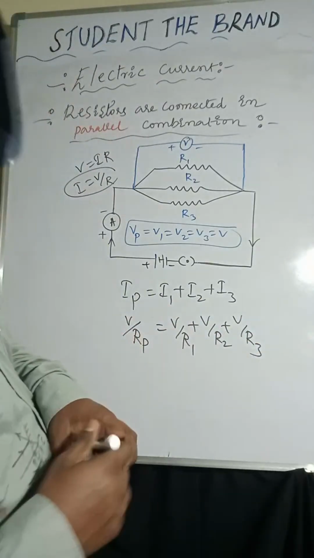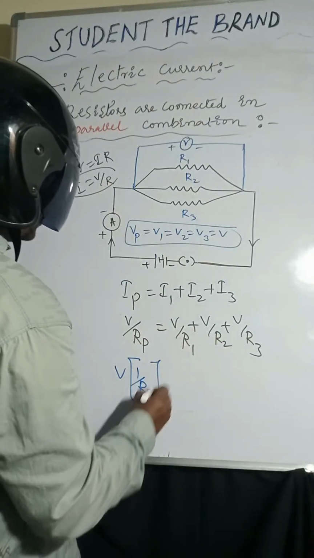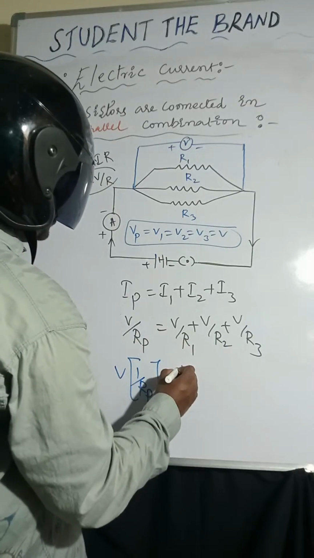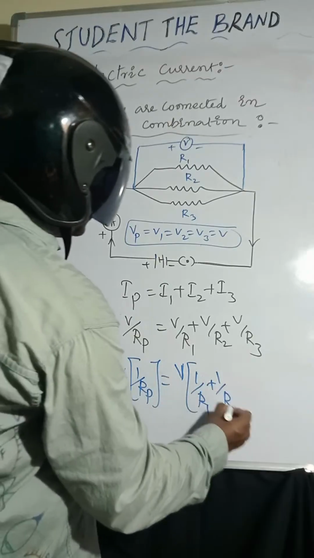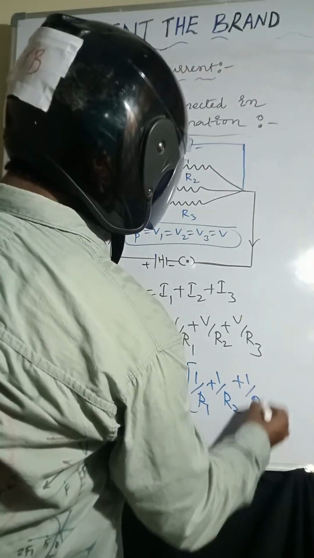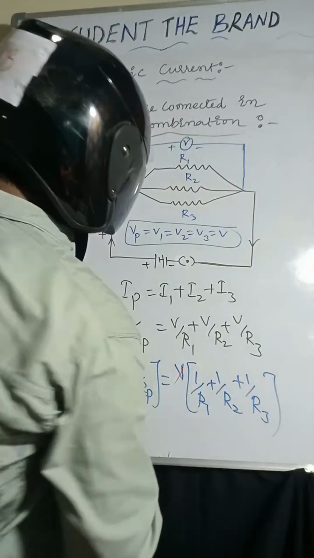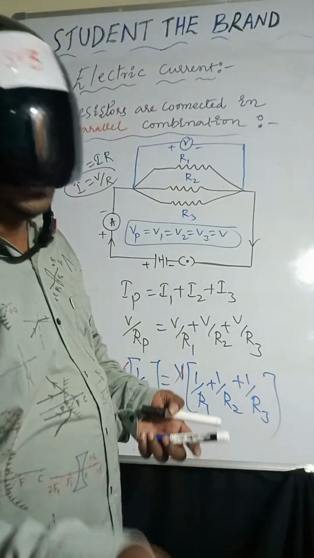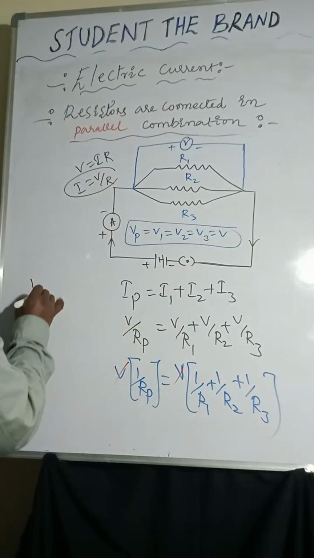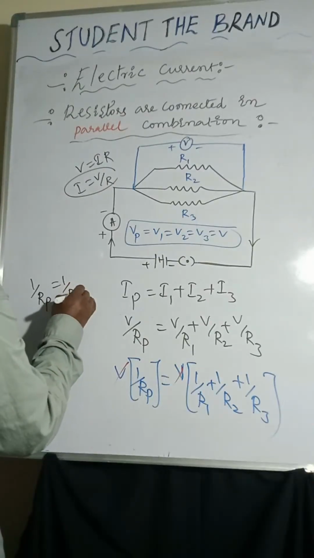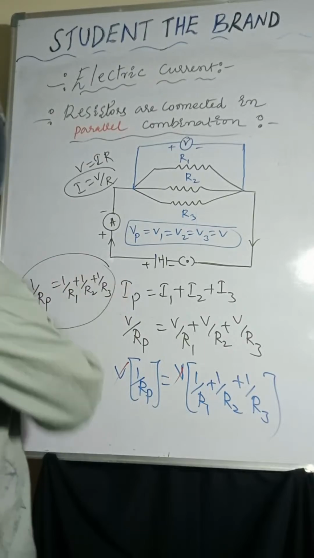So if you take V common, 1 by Rp equals V times 1 by R1 plus 1 by R2 plus 1 by R3. So V will get cancelled. So the final formula is 1 by Rp equals 1 by R1 plus 1 by R2 plus 1 by R3. Okay, so this is the formula.